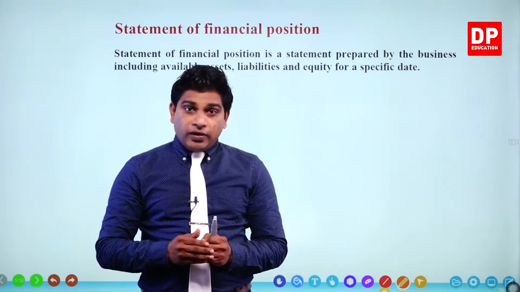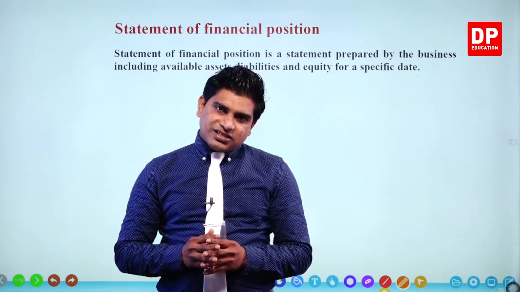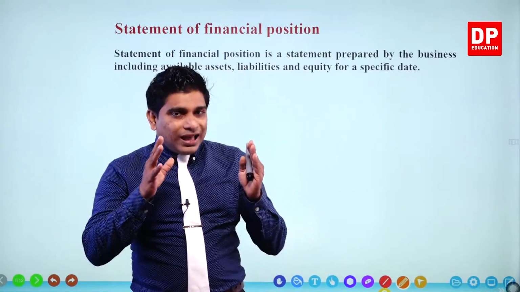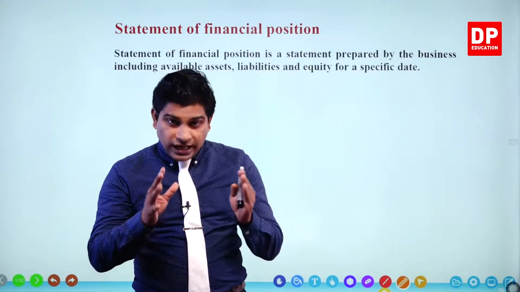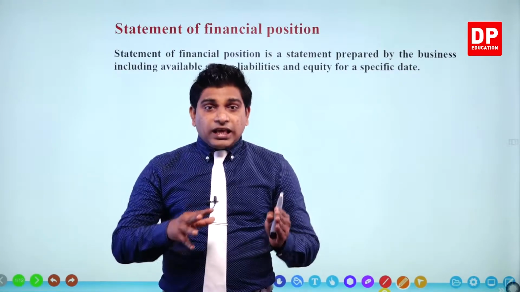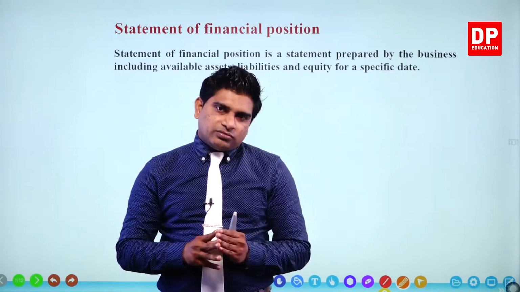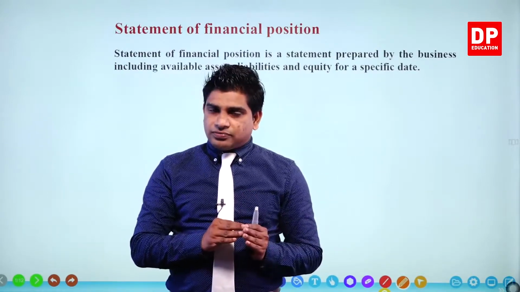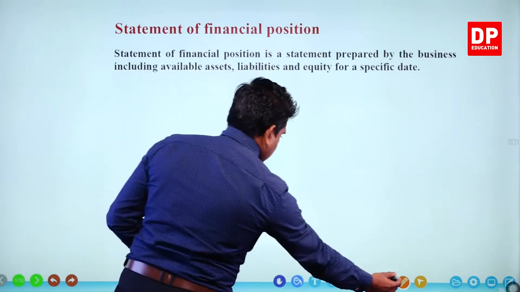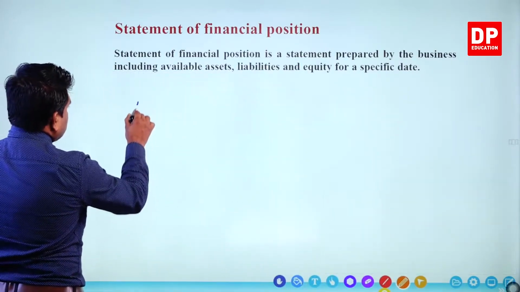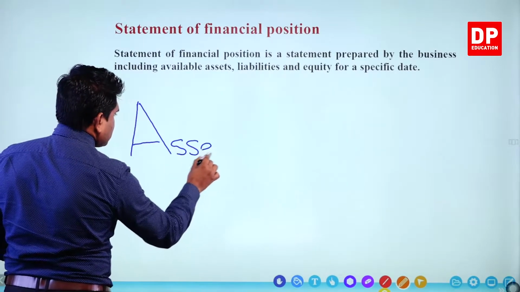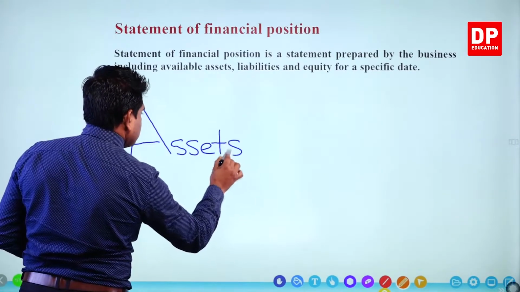In grade 10, you learned the accounting equation lesson. The accounting equation says total assets of a business should be equal to equity plus liability value. If you put your assets on one side, all the assets we can put on this side.